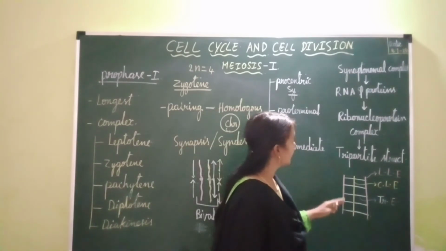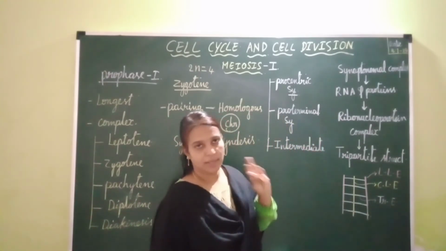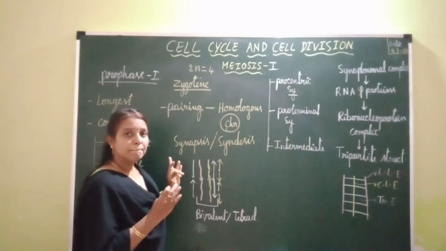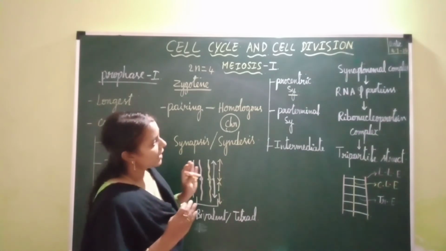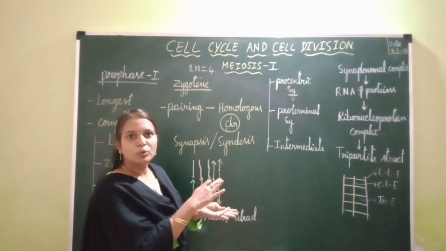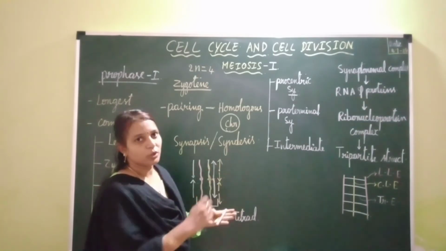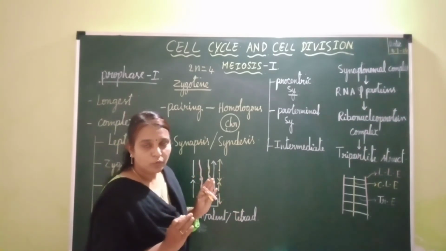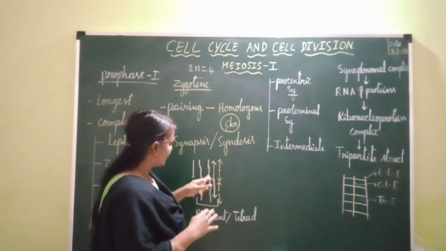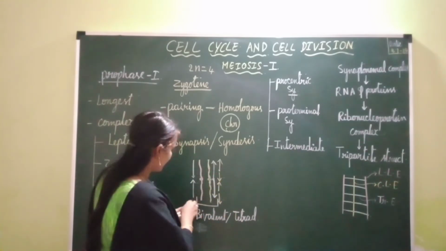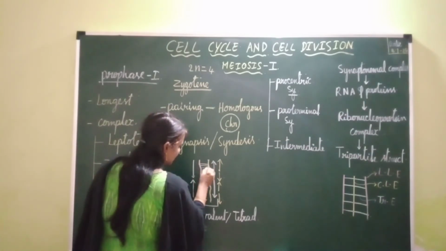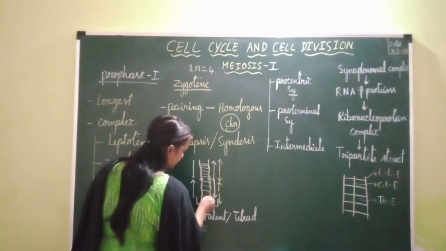This is the tripartite structure of the synaptonemal complex, with the help of which both of these homologous chromosomes pair with one another. The function of this synaptonemal complex is to stabilize these chromosomes till the end of crossing over. The synaptonemal complex will be like this, in between these two chromosomes.